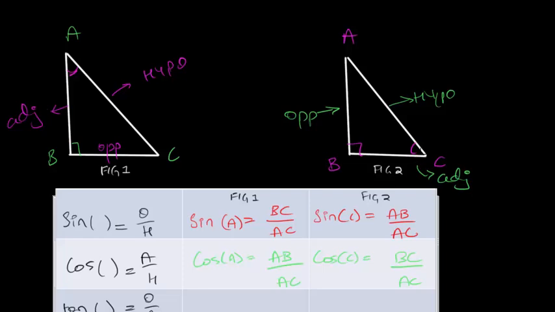When you talk of tan A, it is equal to opposite by adjacent. With respect to angle A, the opposite side is BC, while your adjacent side is AB. With respect to angle C, the tan function is in a different way: the opposite side is AB by the adjacent side BC.